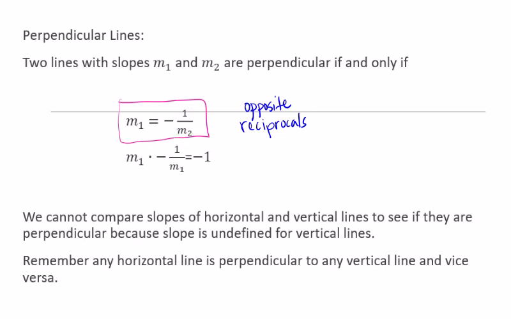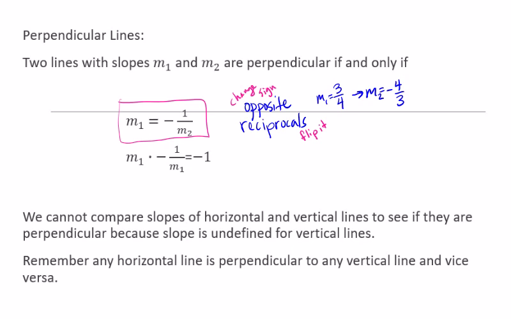For example, 3/4 could be m1, and m2 would be negative 4/3. So they're opposites, but they're also reciprocals. You flip them and you change the sign. That's what opposite reciprocals mean: opposites change sign, and reciprocals mean you flip it.